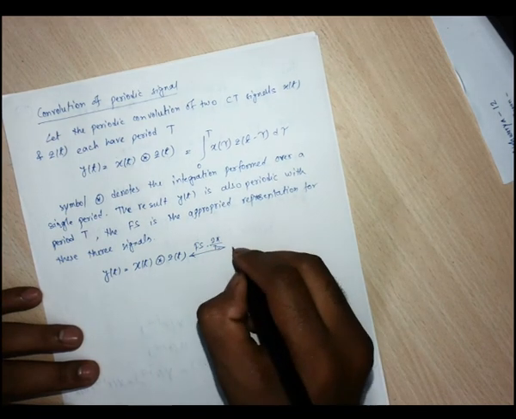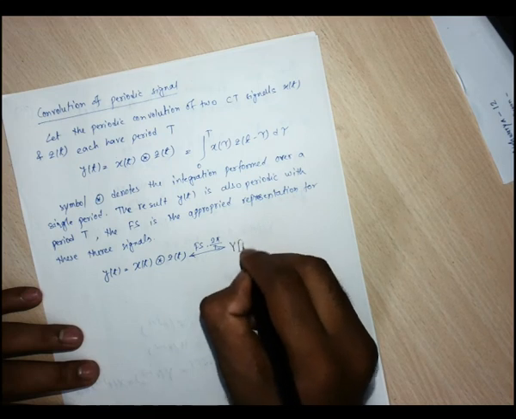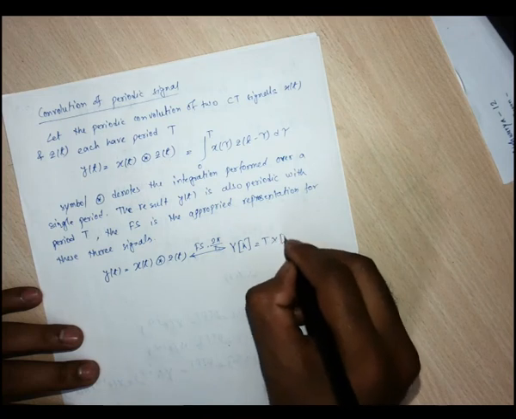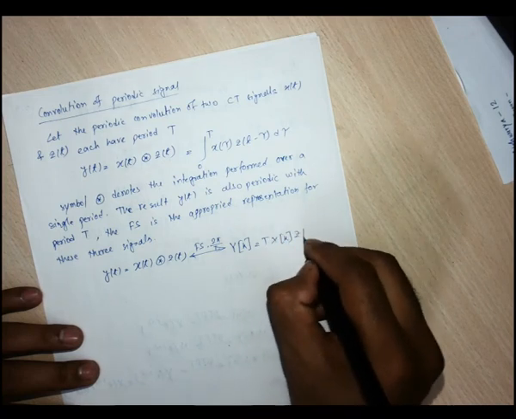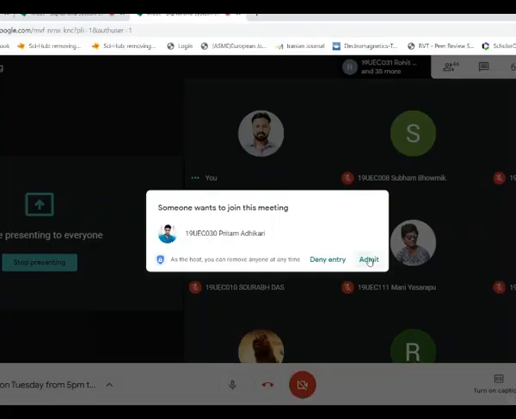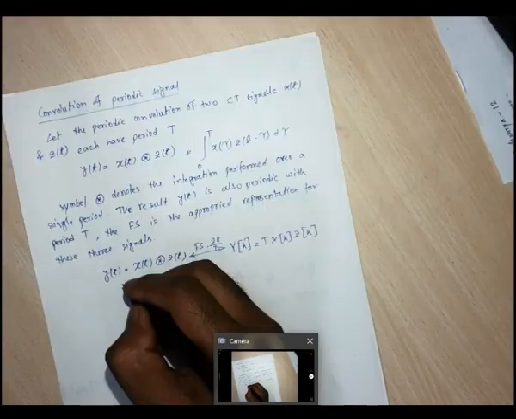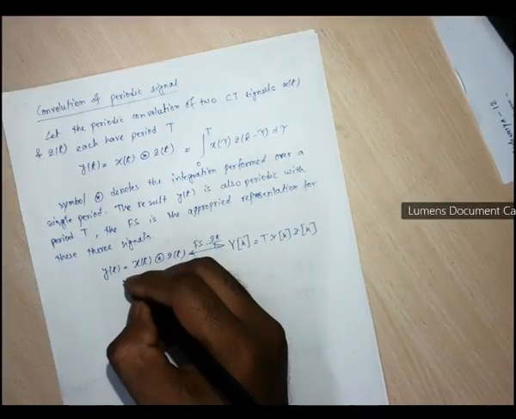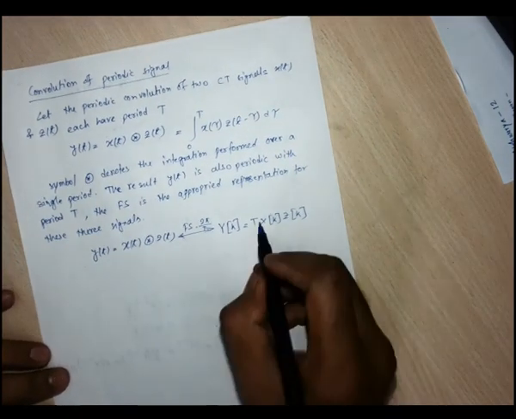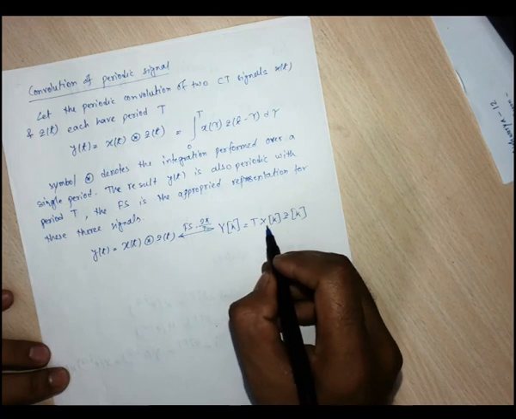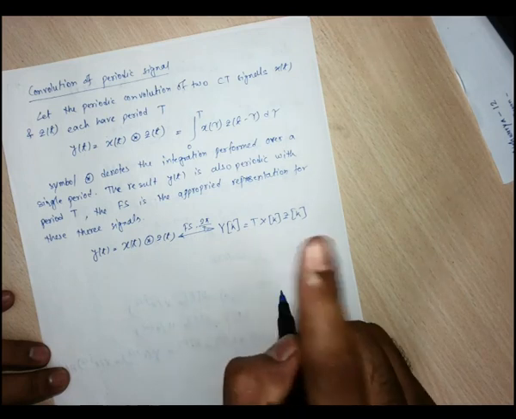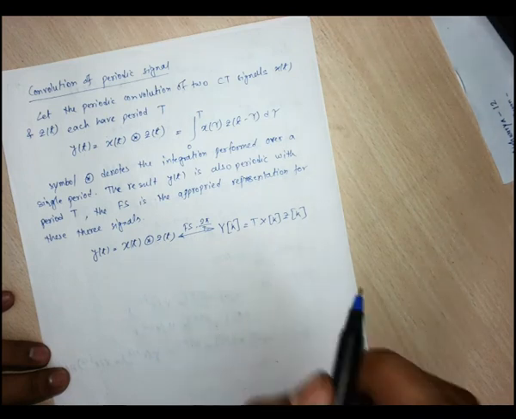Then we find that y[k] is T times x[k] z[k]. I hope you understand how this k comes in: x[k] is 1 by T times the integral from 0 to T of x(t) e to the power minus j k omega t dt.